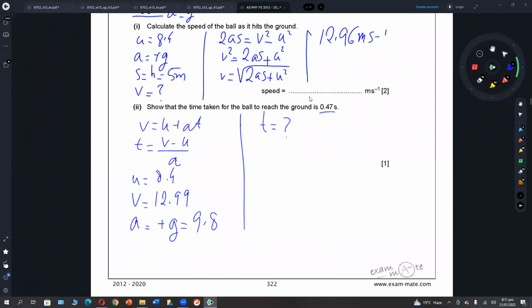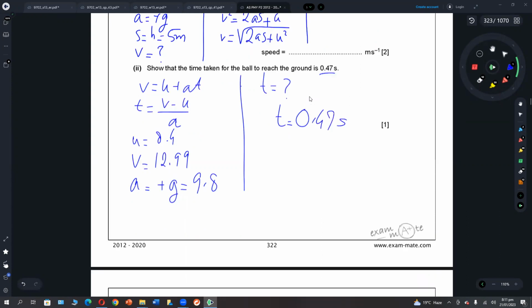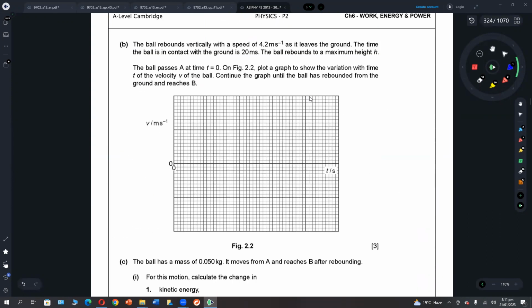Right. So the time is coming to be 0.47 second. If you move forward, the ball rebounds vertically with a speed of 4.2 as it leaves the ground. The time the ball is in contact with the ground is 20 milliseconds. The ball rebounds to a maximum height h.